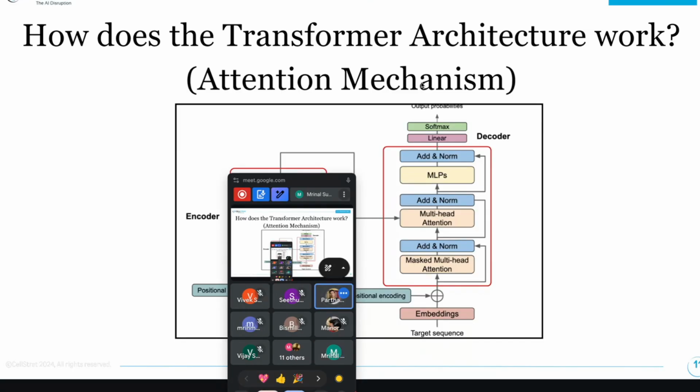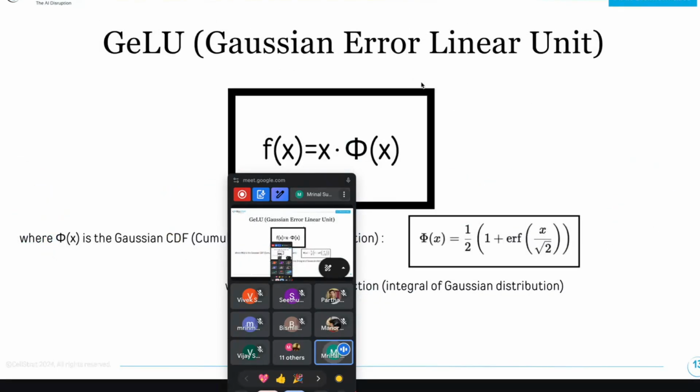Yes. So to get a more continuous and more reliable output is why they use this complicated formula. But if you're asking me why half, let's take it this way. If you use x equal to 0, you will have e power 0, which is 1, 1 plus 1 is 2, 2 by 2 is 1. So the activation layer, phi of x, starts at 0, but f of x is x into phi of x.